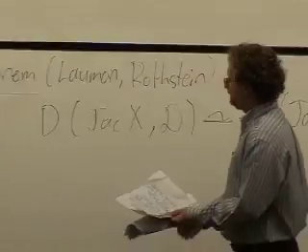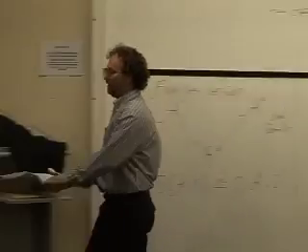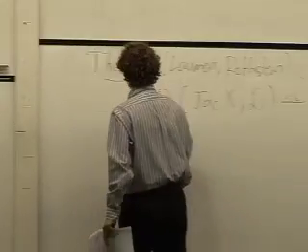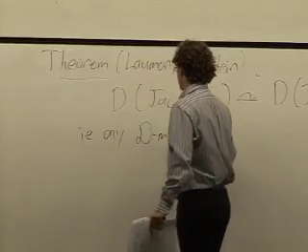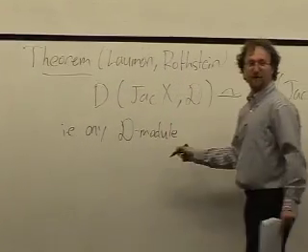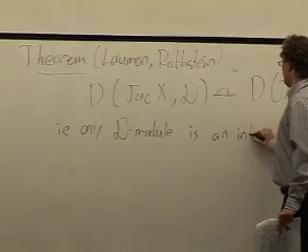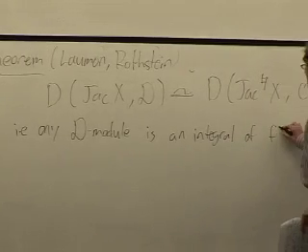And what does it mean? It means the same thing as the usual Fourier transform. It means that anything can be written as an integral of characters, as a linear combination of characters. What this says is that any D module, in other words, any sheaf with flat connection, is an integral of flat characters.